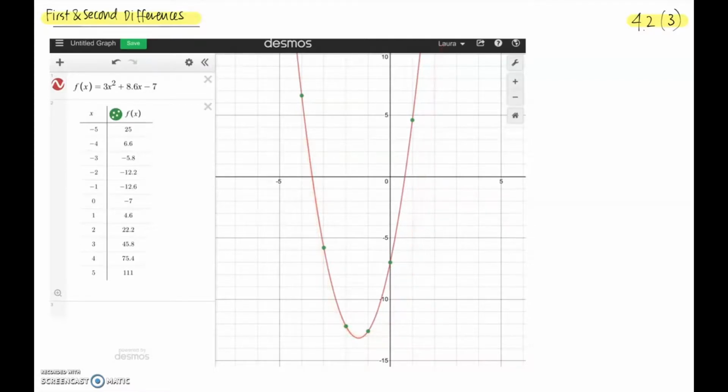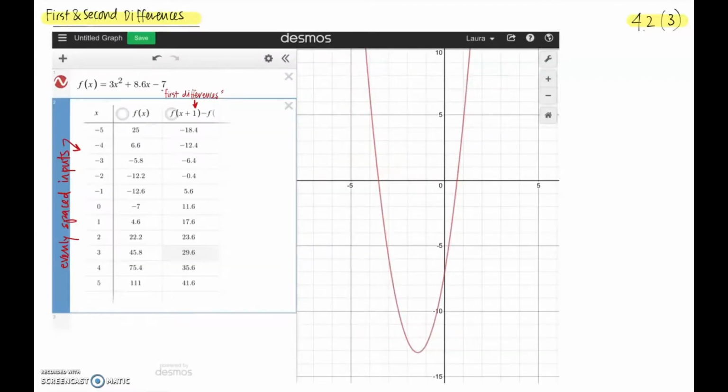We've got this parabola. But these are called first differences. When you have an evenly spaced set of inputs, and you're looking at just those differences of the outputs, they're called first differences. It's not an average rate of change because we're not dividing by anything. We're just looking at the difference.